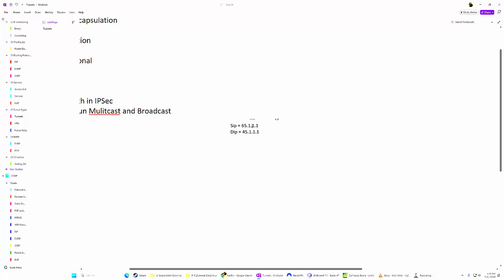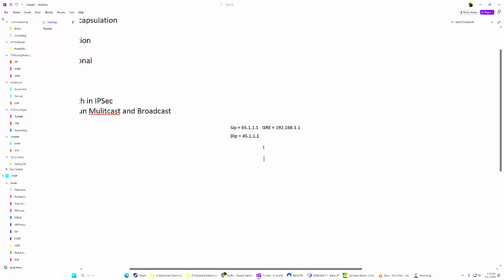What this packet does is it is going to encapsulate the actual IP packet with the GRE packet. And that GRE is going to say, let's say, IP address 192.168.1.1.